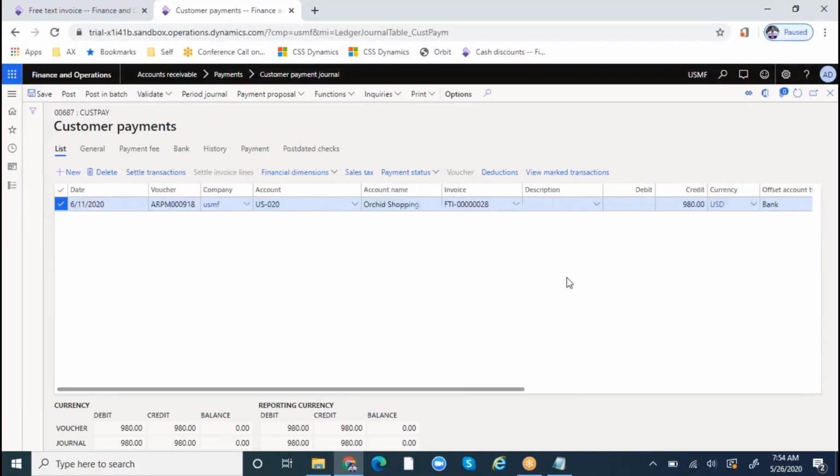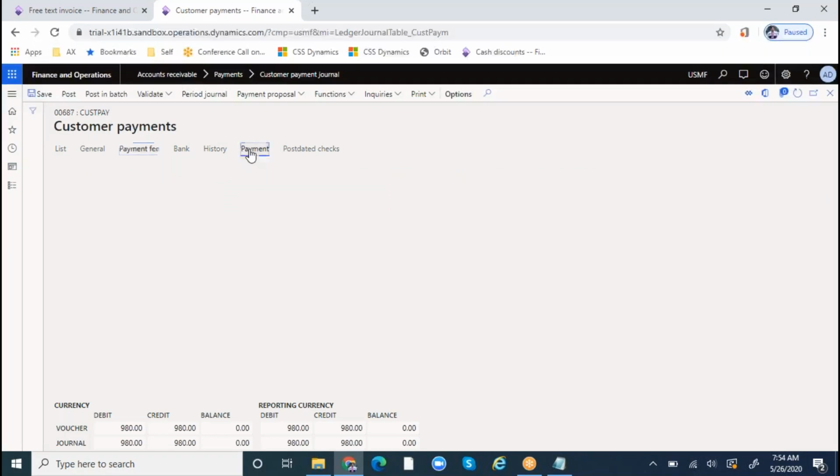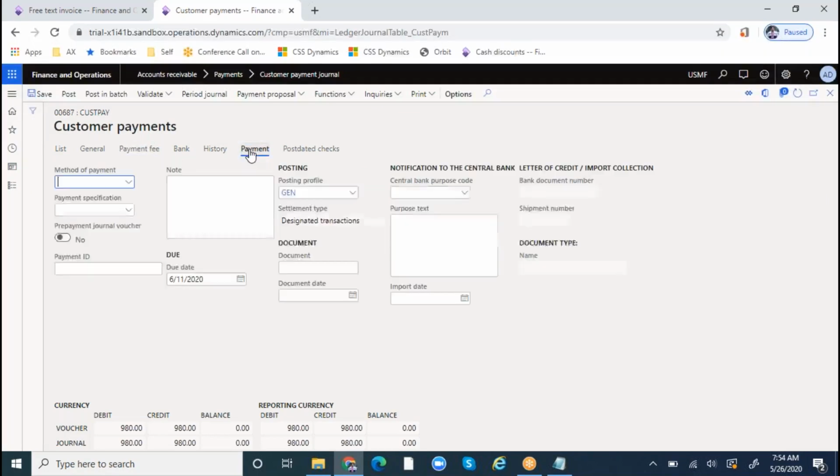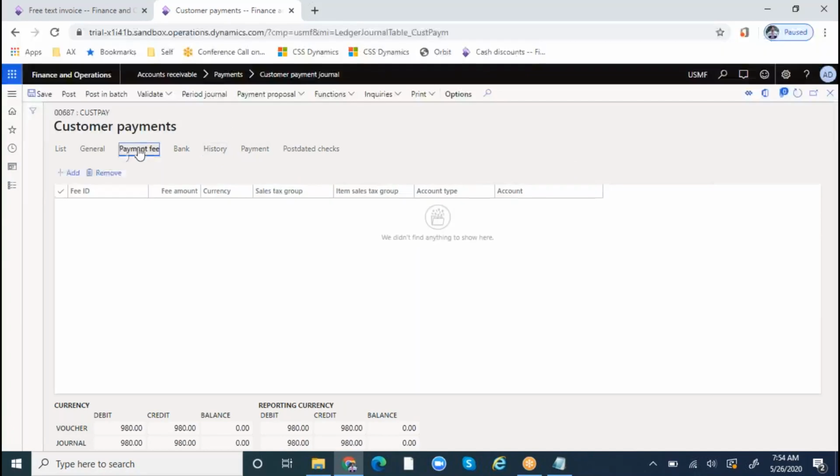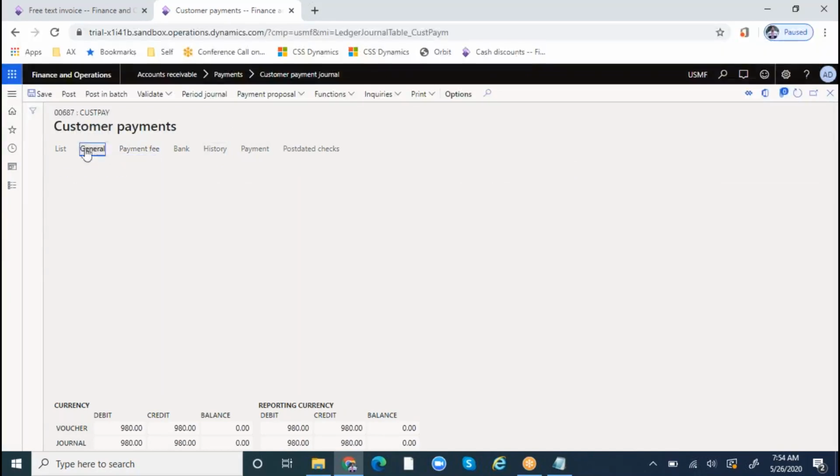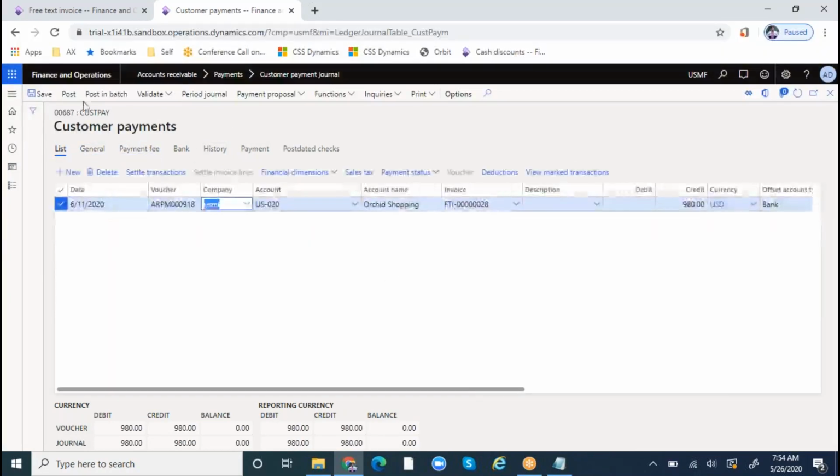Now the invoice is actually 1000, but it is coming automatically as 980. Fine, let me post it here first.